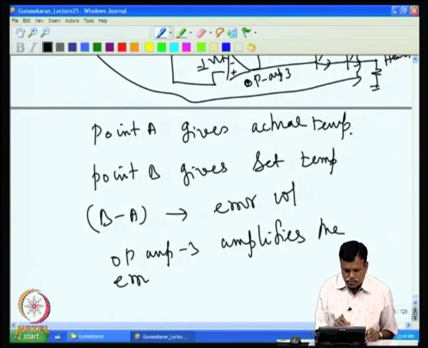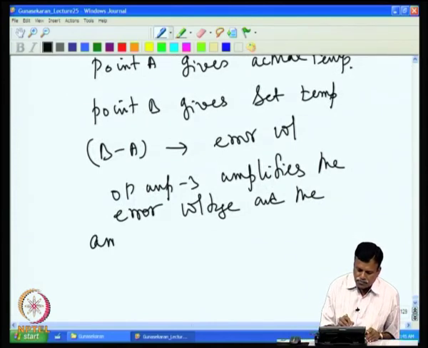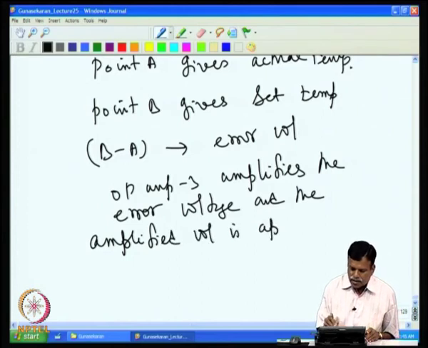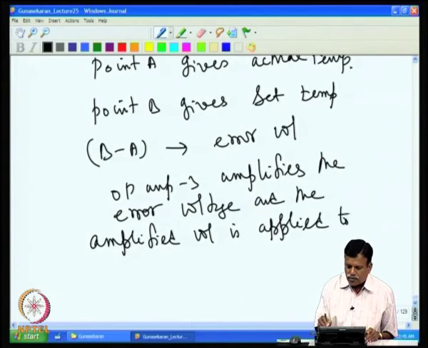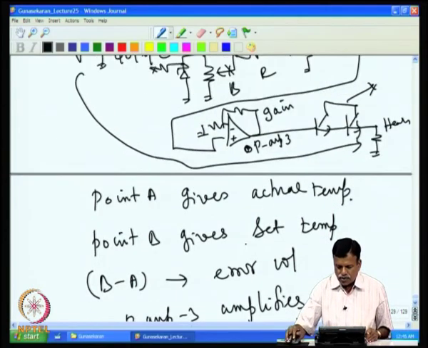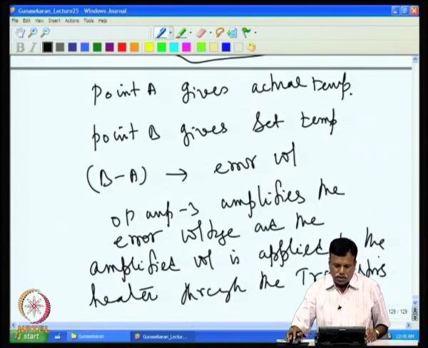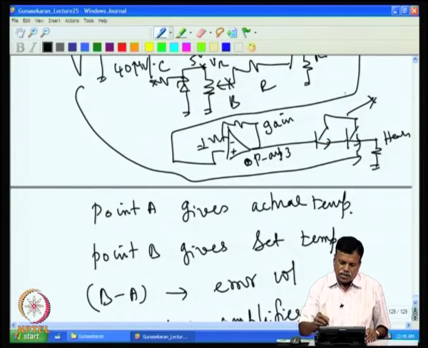The amplified voltage is applied to the heater through the transistors. Transistor is mainly used for current boosting. So, basically the error voltage at this point is amplified and applied to the heater.